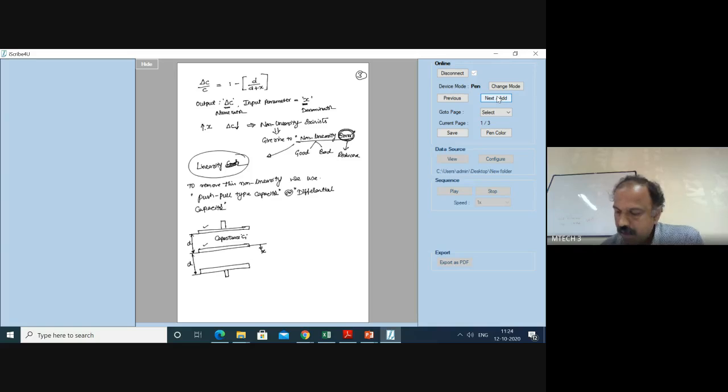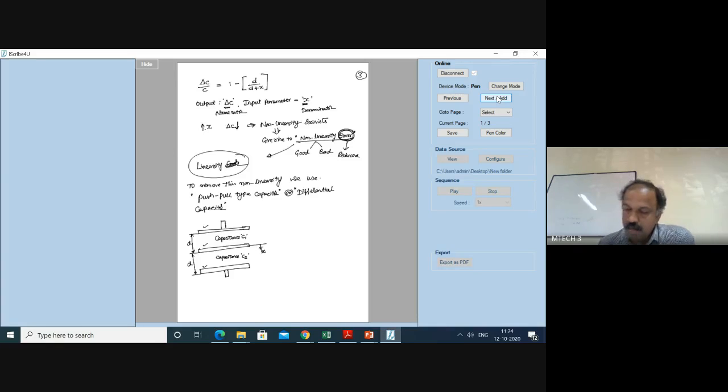Then the middle one and the bottom one form another capacitor, which gives you capacitance C2. So this new arrangement has 3 plates, with the upper plate and the middle plate forming one capacitor, and the middle plate and the lower plate forming another capacitor.